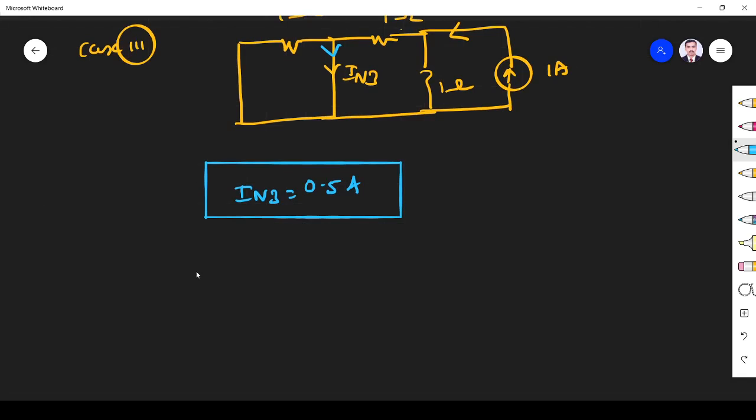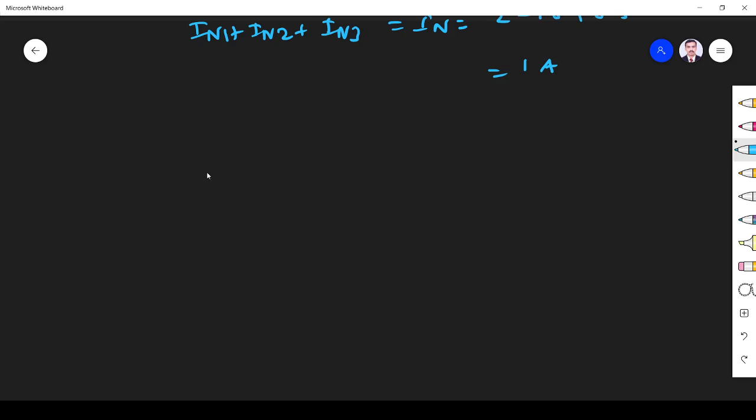So what is my total IN? Total IN is IN1 plus IN2 plus IN3. IN1 we got 2 ampere, IN2 is minus 1.5, IN3 is plus 0.5. So 2.5 minus 1.5, 1 ampere. So what is my I Norton?